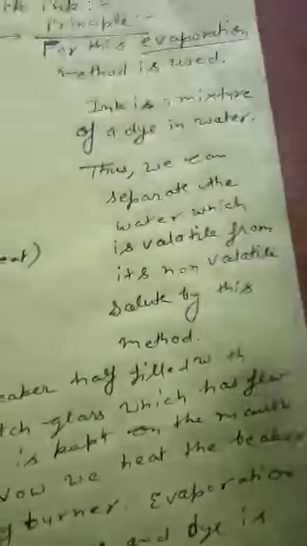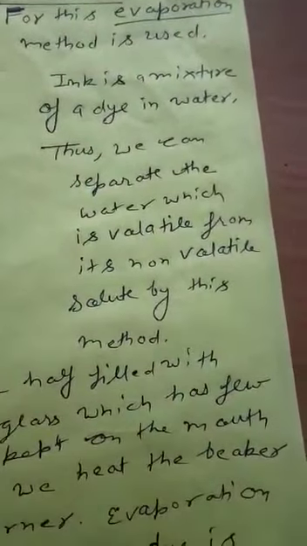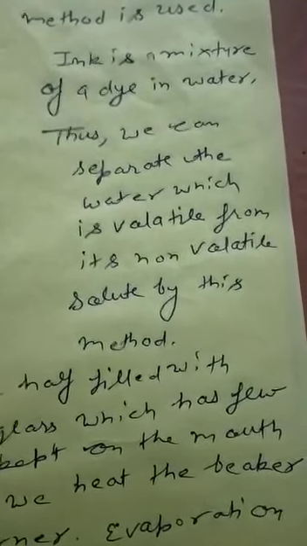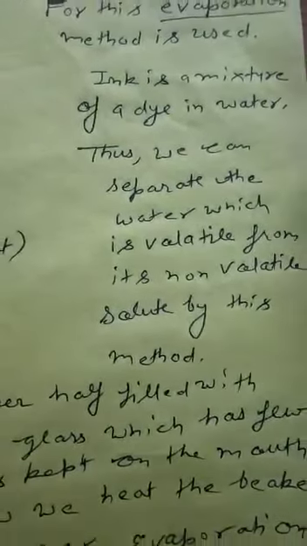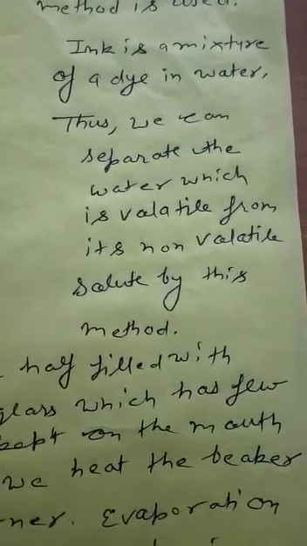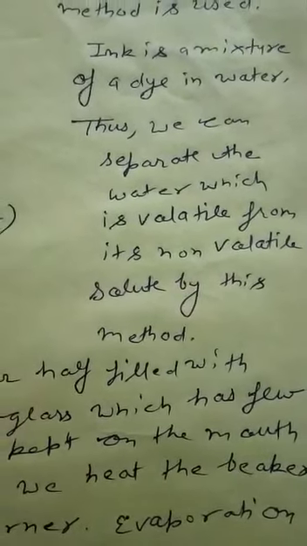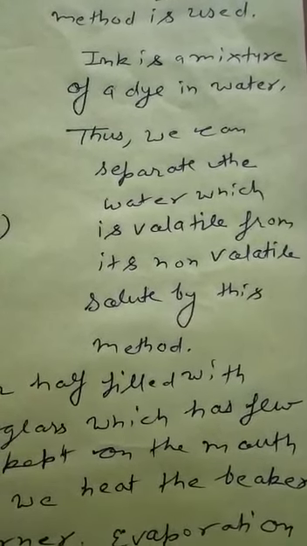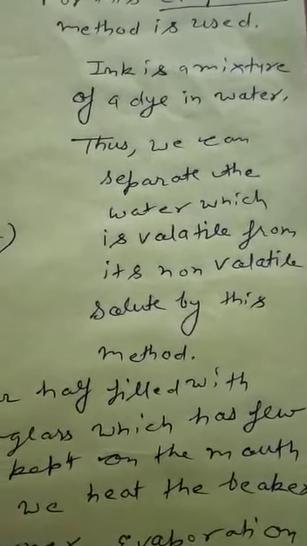So we can separate the water, which is volatile, from ink. Here water is the solvent, and it is a volatile substance. So when we evaporate the water, we can have the dye that is present in ink.